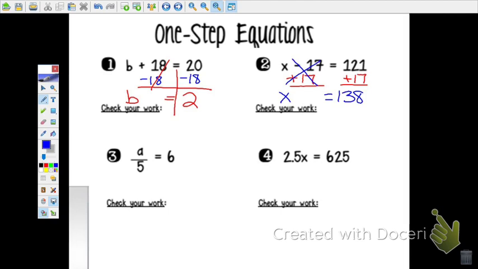Number 3, we have a over 5 equals 6. What am I going to do to get that a all by itself? Okay, so we talked about that fraction bar means division. So instead of dividing by 5, I'm going to multiply by 5, which as a fraction is 5 over 1.